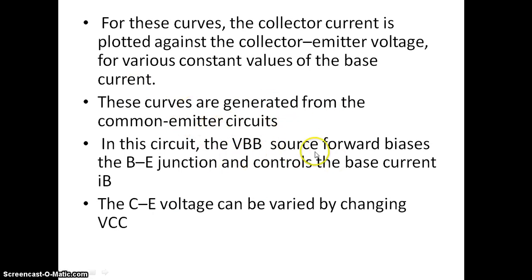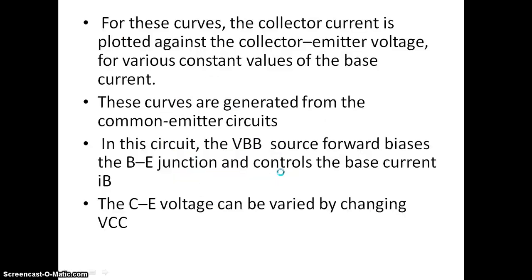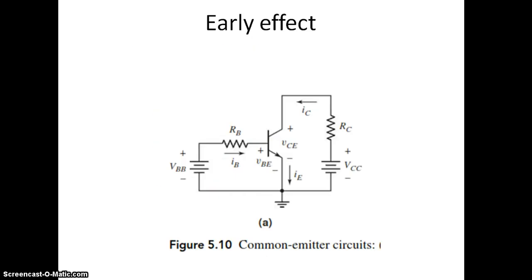In this circuit, the VBB source forward biases the emitter base junction, so base is positive, positive is connected to positive. VBB forward biases the emitter base junction and controls the base current IB, and the CE voltage can be varied by changing the VCC.